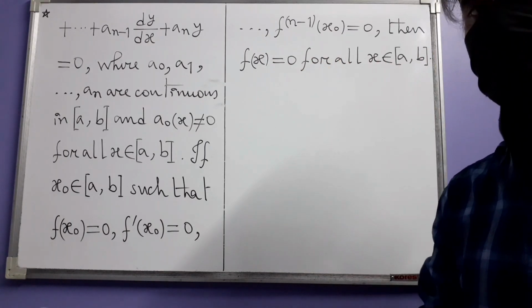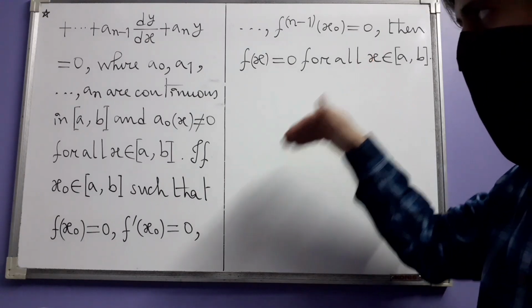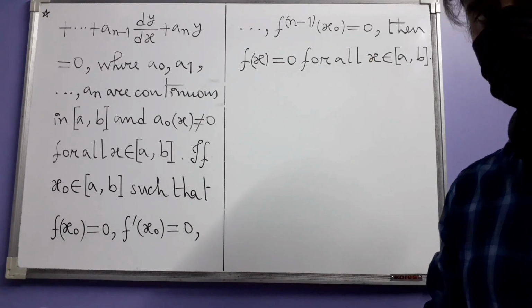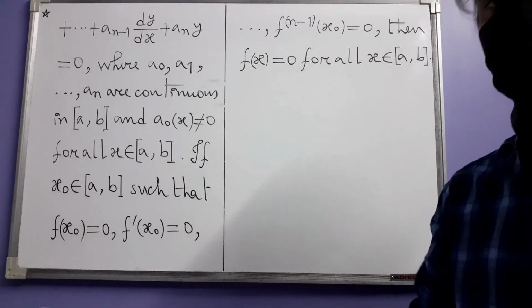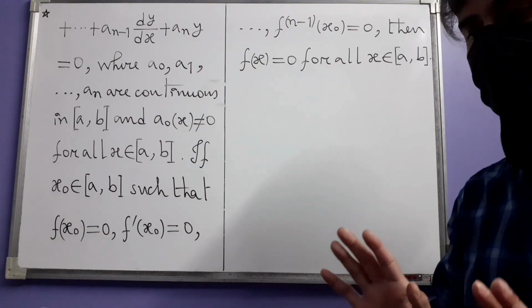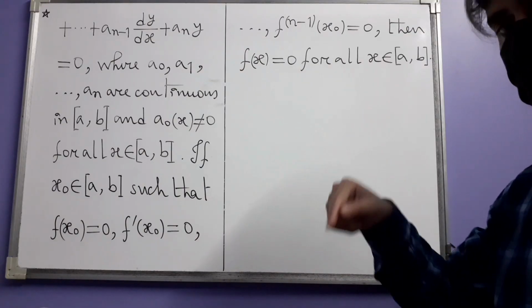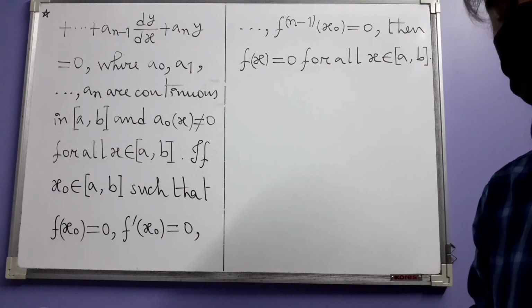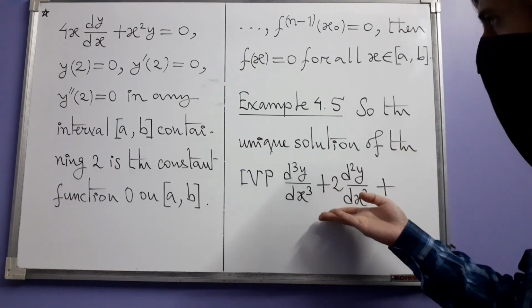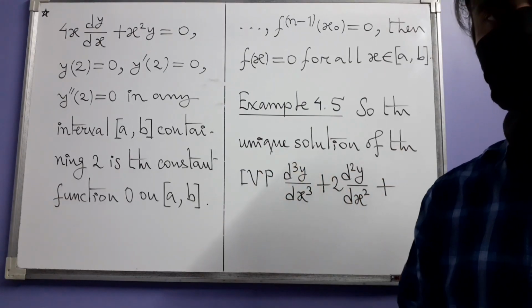That means it's identically 0. So at least in this case, you know what the solution is. It's the constant function 0 in that interval. In general, you don't know, you just know that there is a unique solution, but in this case, you know what the solution is. And because of this corollary, the following IVP has the 0 solution.